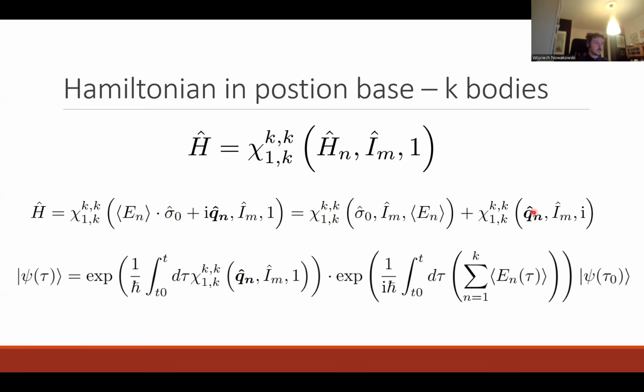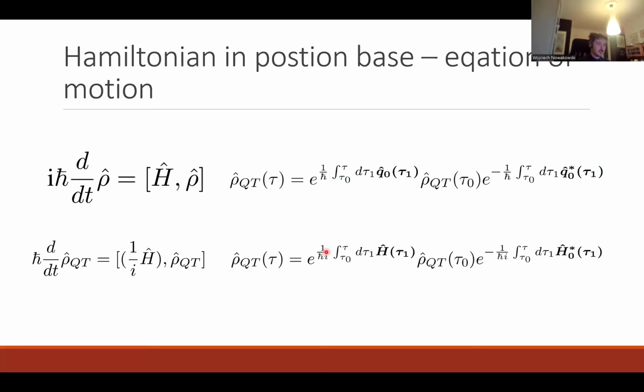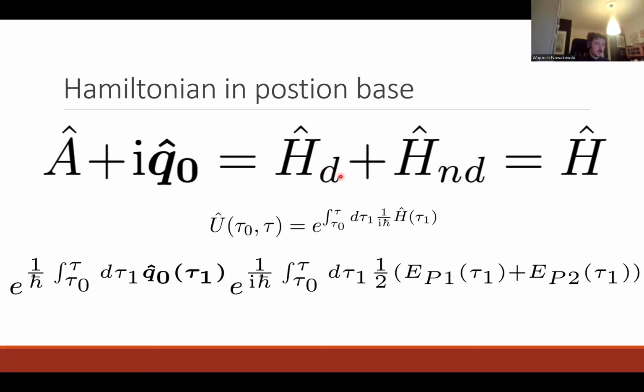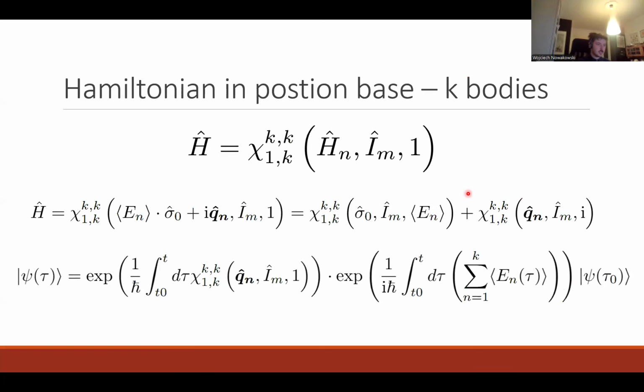It's quite important because if we want to use the procedure of quaternionizing the time evolution operator, we need to have this summation of diagonal and non-diagonal parts of the Hamiltonian, which is realized by this part of the equation.